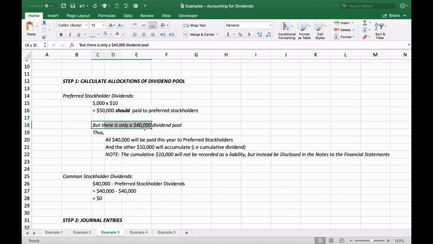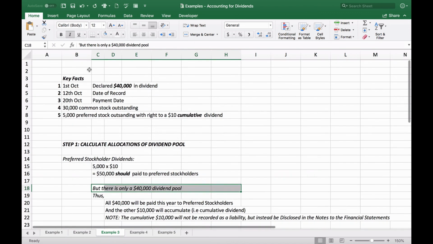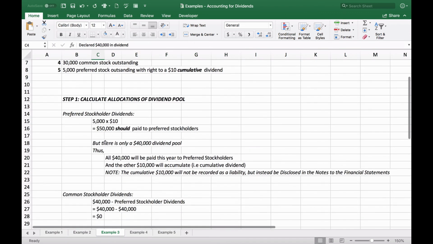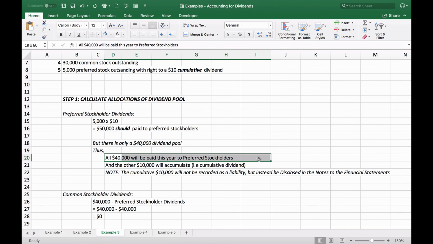But there's only a $40,000 dividend pool. Remember, they only declared $40,000. So they've only got $40,000 to pay, but they should be paying $50,000. Well, in this case, all $40,000 will be paid this year to the preference shareholders or the preferred stockholders, and the other $10,000 will accumulate.